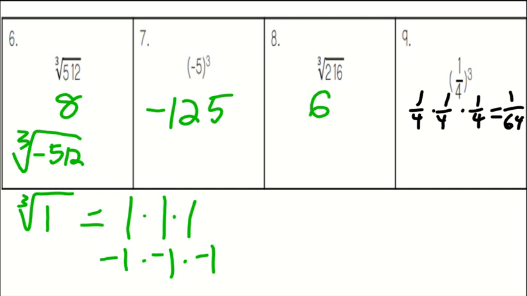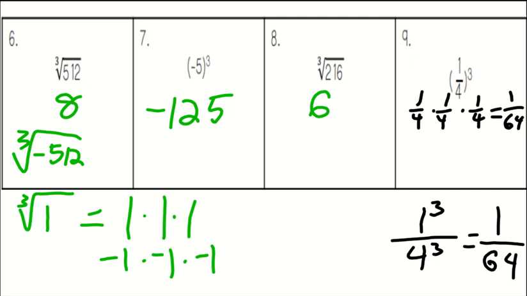So that's one way you can do it with a fraction. The other way is instead of multiplying the whole fraction, I can take that exponent and put it with the numerator and put it with the denominator. So I could have 1 to the 3rd power over 4 to the 3rd power. Y'all see that? 1 to the third power is 1. 4 to the third power is 64. You still end up with the same thing.